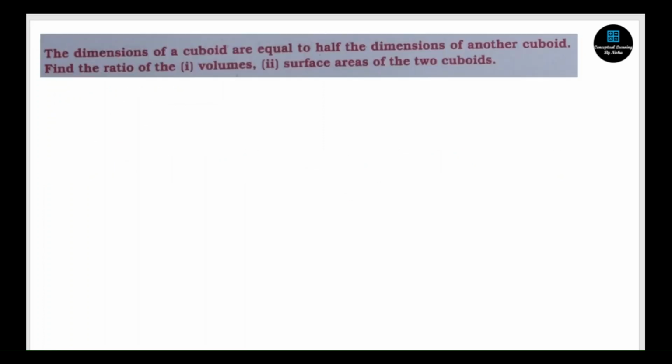Now very interesting question. Alright, what they are saying, the dimensions of a cuboid are equal to half of the dimensions of another cuboid, and we have to find the ratio of volumes and surface area.